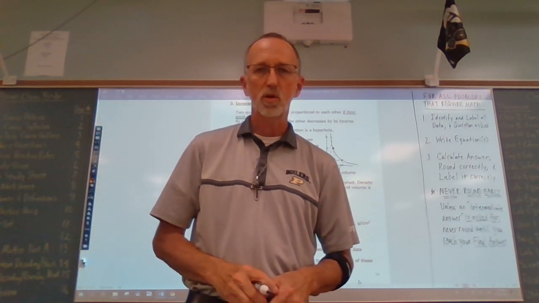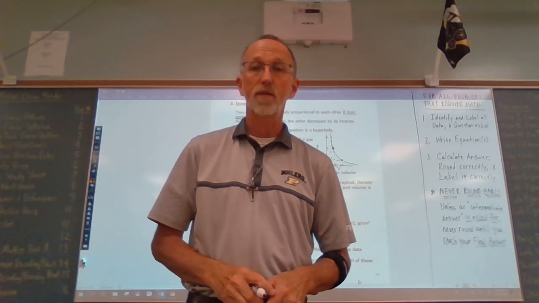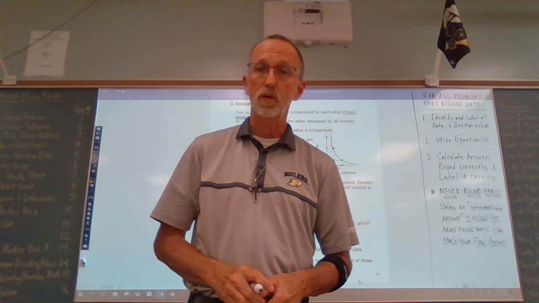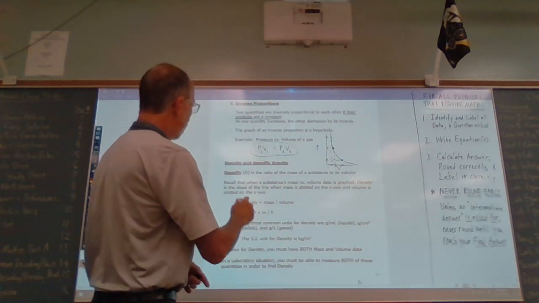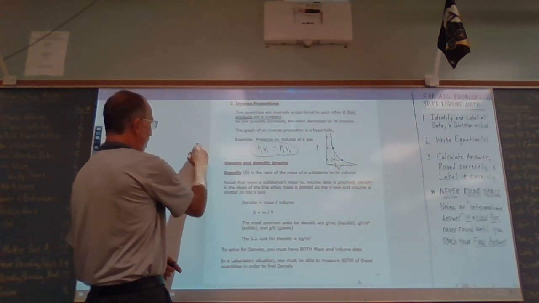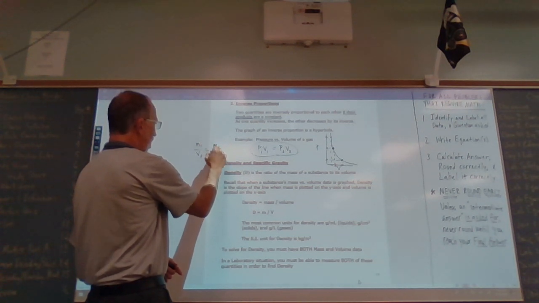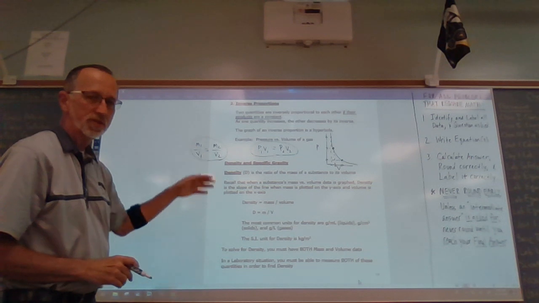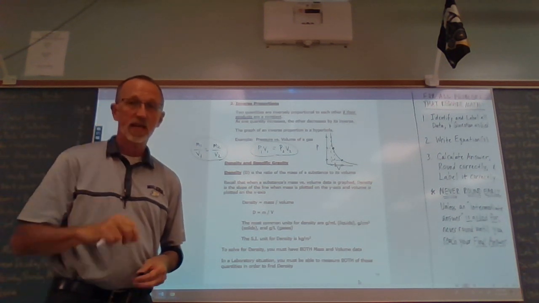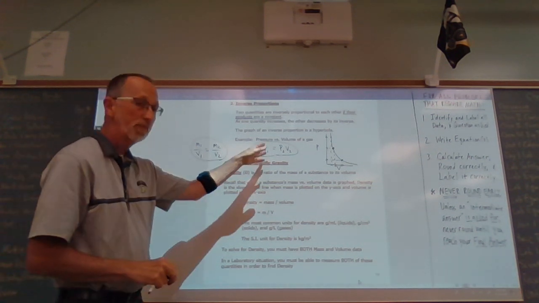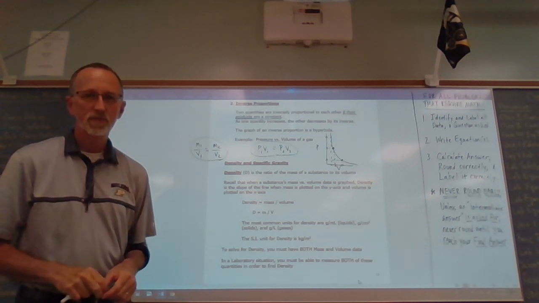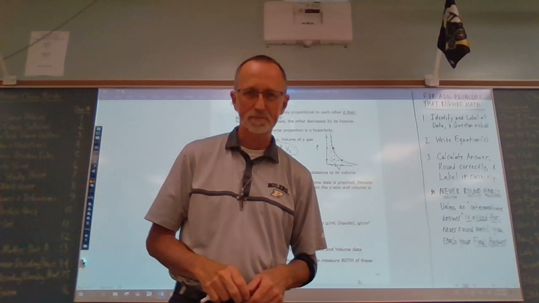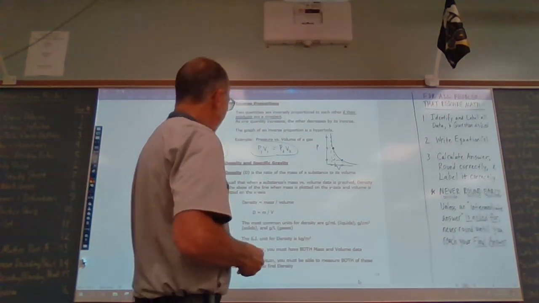Remember, it looks different from the math relationship in a direct proportion. Just remember real quick, here was a direct proportion. The ratio of the two variables is a constant. Here, the product of the two variables is a constant. Okay? Different.